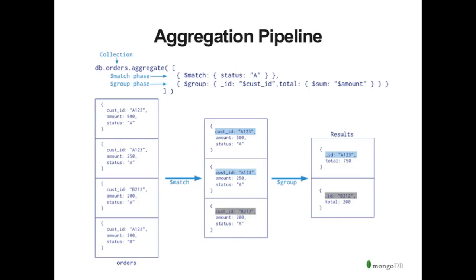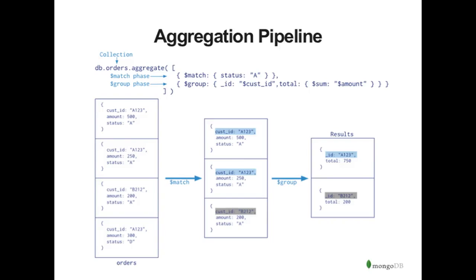In the $match phase, we take the input of the collection and filter out only those documents that have status A. The $match phase takes the same syntax for a query as a find command would. When we run our documents through the $match phase, only the documents with status A are left for the purposes of processing this pipeline. Then we do a $group, where we group the documents based upon customer ID.